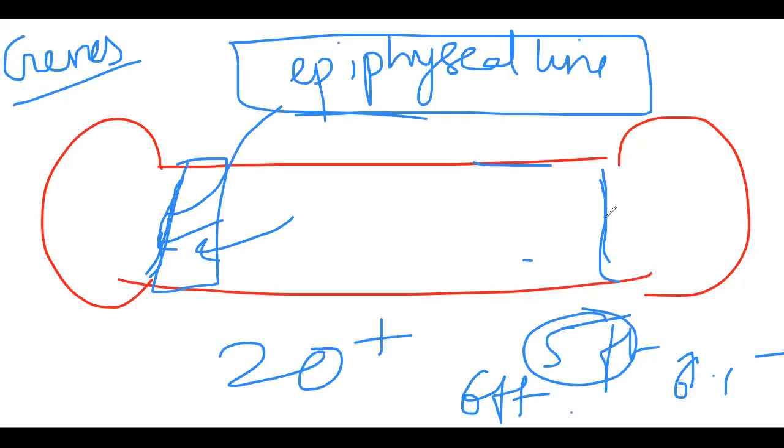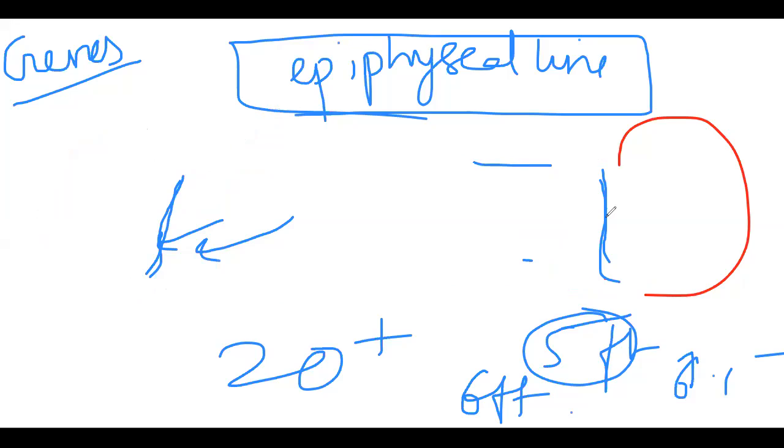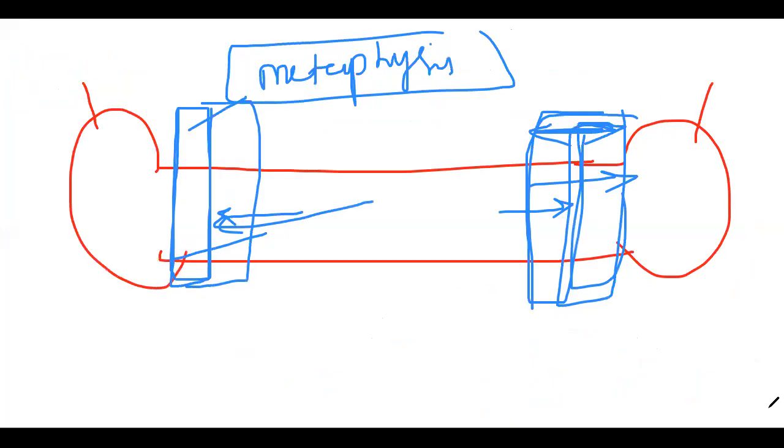So just understand the meaning of epiphyseal plate and epiphyseal line, the difference between the plate and line. In the growing ages, we have the epiphyseal plate. When the bone is fully grown, we don't have the epiphyseal plate. We have a line. That means the bone is fully grown.